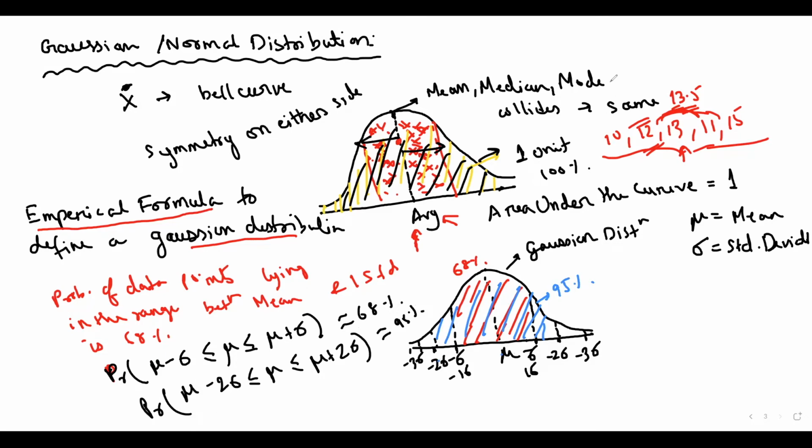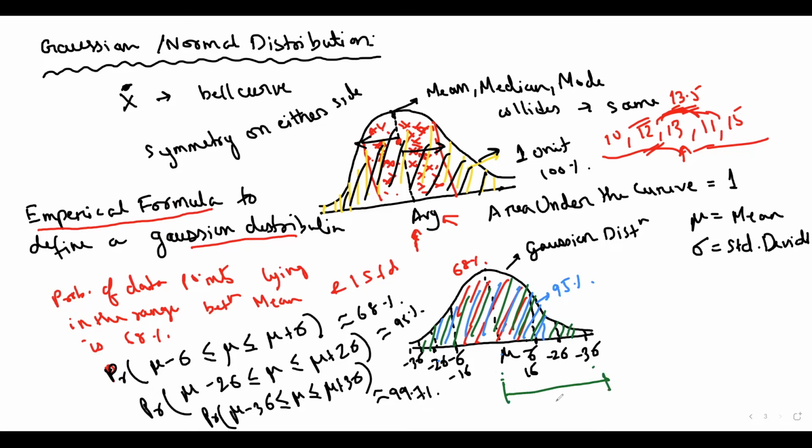Okay, and the last one is the probability of the data points falling between the mean and the third standard deviation is 99.7%, meaning 99.7% of the data points will fall between mean and third standard deviation.